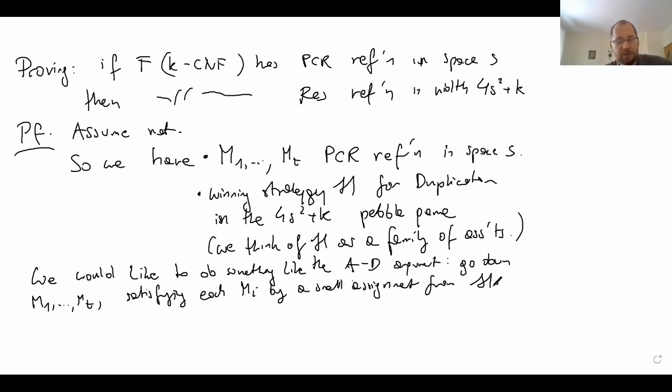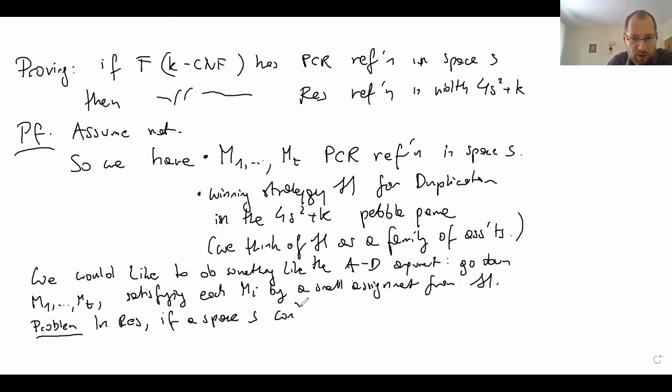Okay, so here's an issue with this. A complicating problem arises. In resolution, if a space S configuration is satisfiable, you only need S bits of an assignment to satisfy it.